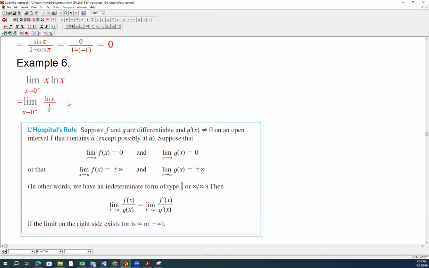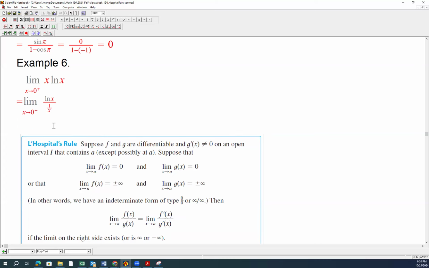So we create a complex function. Now, as x approaches 0 from larger than 0, ln x approaches negative infinity, and 1 over x approaches positive infinity. So we have an infinity over infinity situation. We can now apply L'Hopital rule.